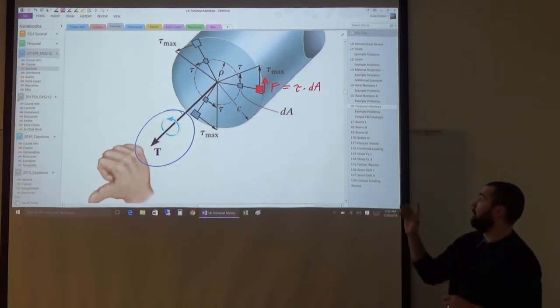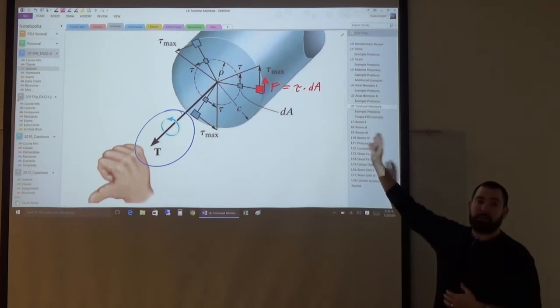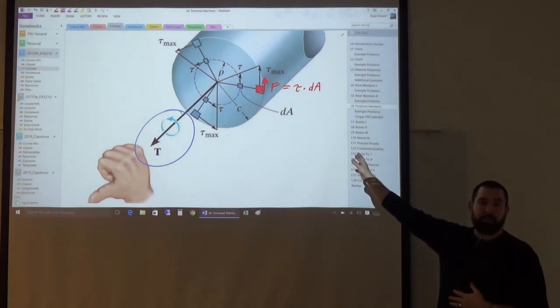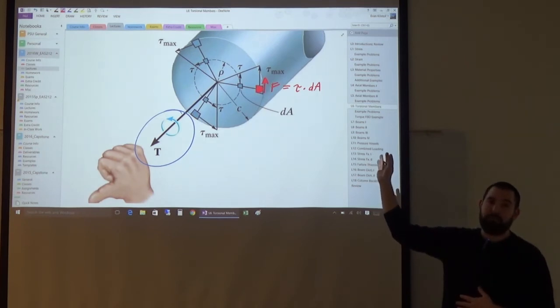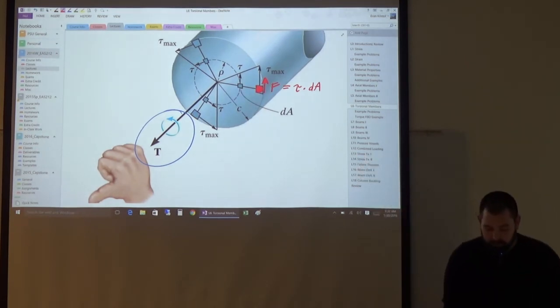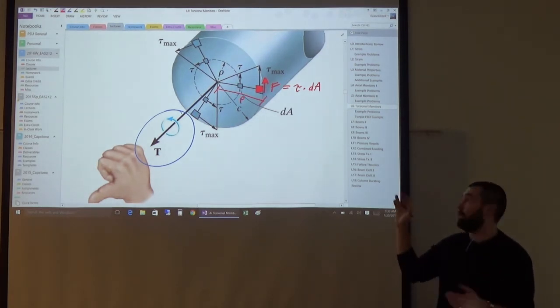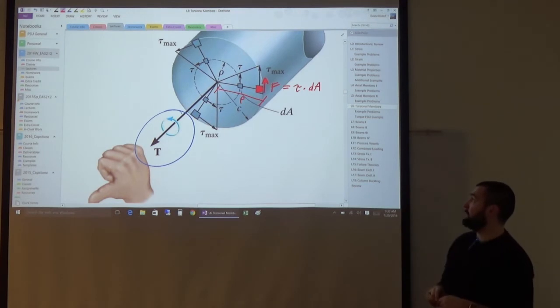Each shear stress causes a force on that little differential area, and that force is also going to be causing a moment about the centroid. And that moment is calculated as the force times its distance from the centroid.